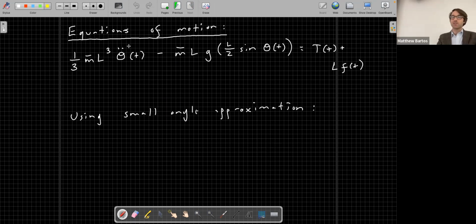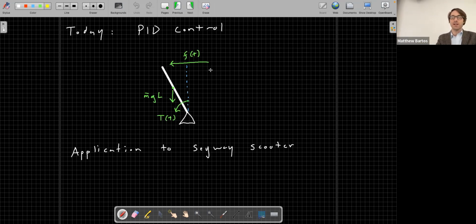We derived this equation of motion that describes the movement of the Segway scooter given some applied input torque from the motor, T of t, along with some applied disturbance force, L times F of t. So sorry, this should be a disturbance moment, L times F of t.